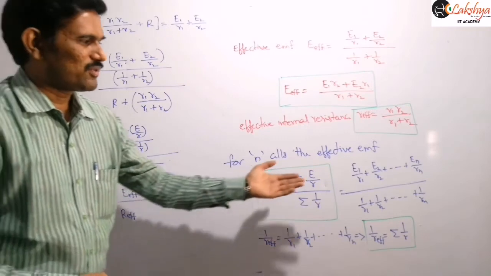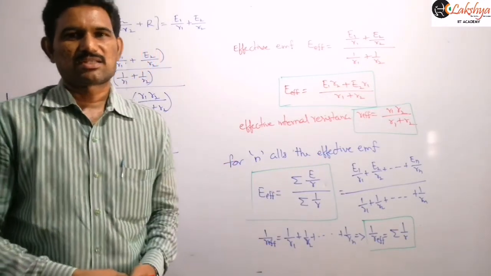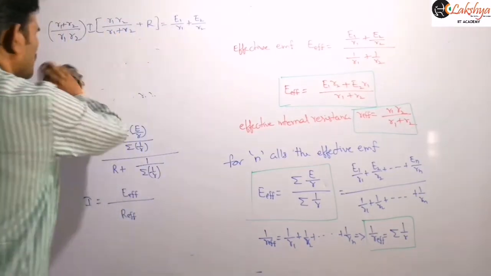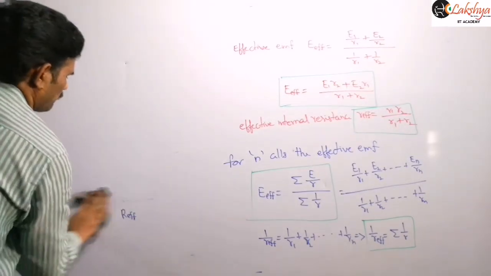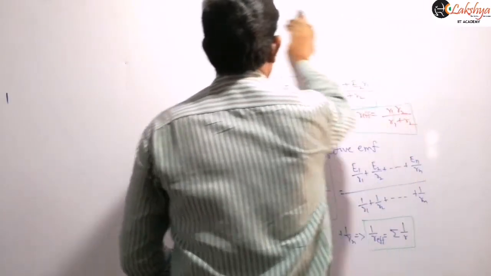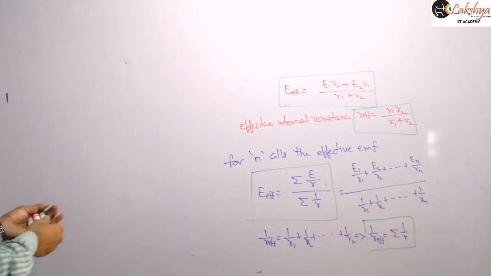Here itself we can mention the case where some of the cells are wrongly connected, and also where identical cells are connected in parallel. So let us see how to apply this for n identical cells.